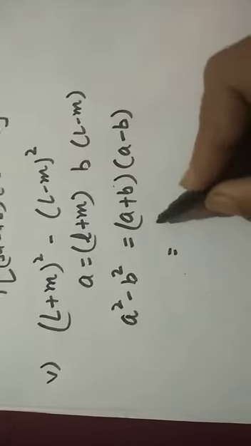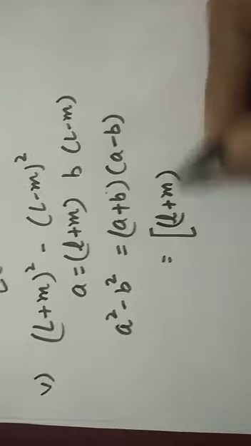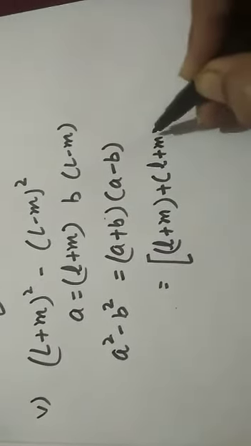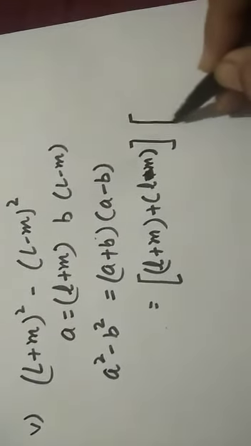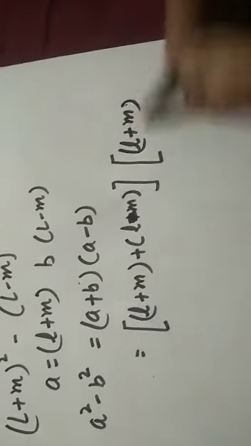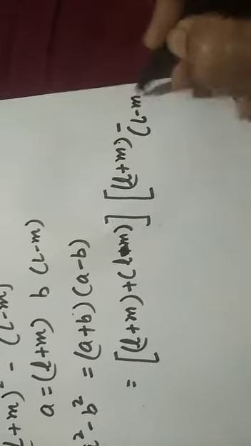So we'll get in the first bracket l plus m plus l minus m. Then in the second bracket l plus m minus l minus m. So we'll solve this one.